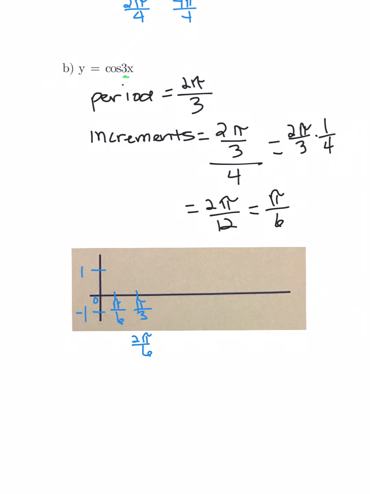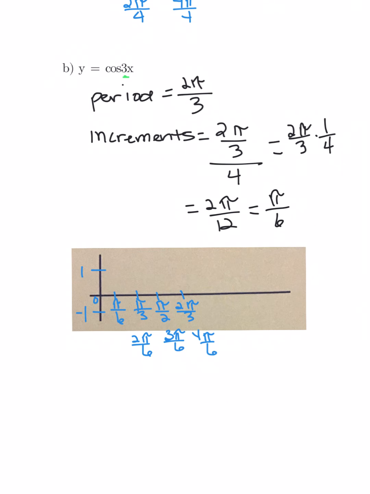Add another pi over 6 to that, you're going to get 3 pi over 6, which simplifies to be pi over 2. Add another pi over 6 to that, you're going to get 4 pi over 6, which simplifies to be 2 pi over 3. Now we have our 4 equal parts, and if you'll notice, it's actually 5 label numbers.